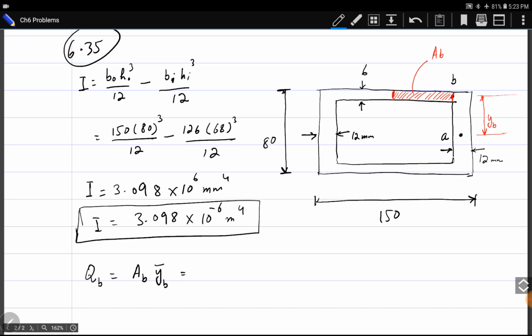What is A_B? For the red highlighted portion, the width is 126 and the thickness is 6.